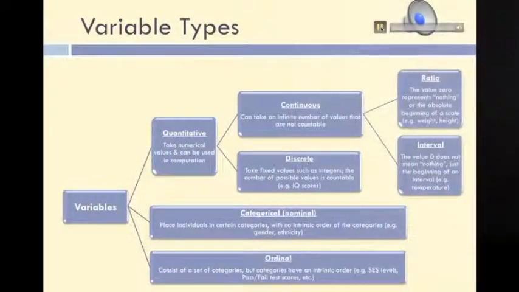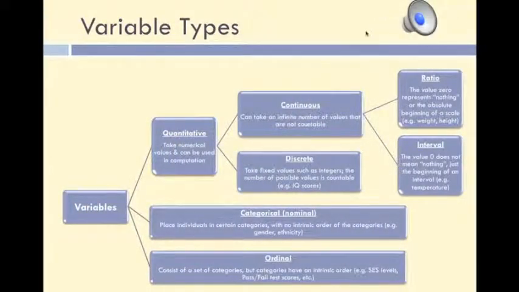As illustrated in the previous example, variables can be of different types. Some variables are called quantitative because they can take numerical values and can be used for computations, like test scores, for instance. Quantitative variables can be of different kinds though. Some of them are called discrete because they can only take specific values or rounded values like integers.